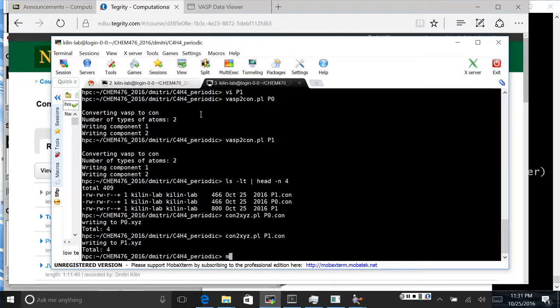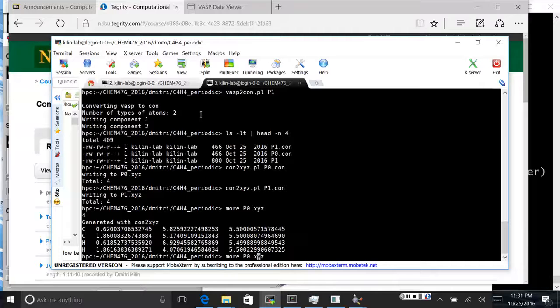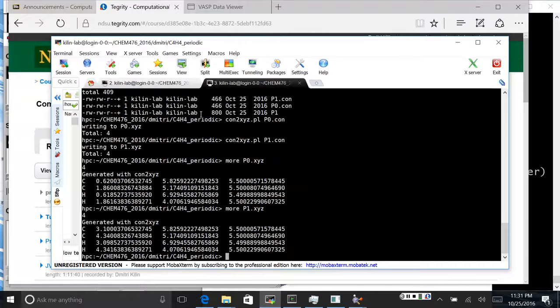So we do have files P0.xyz and P1.xyz. We see that the P0.xyz X coordinates change between 0 and 2, and for the second between about 3 and 4, because they are consistently shifted.